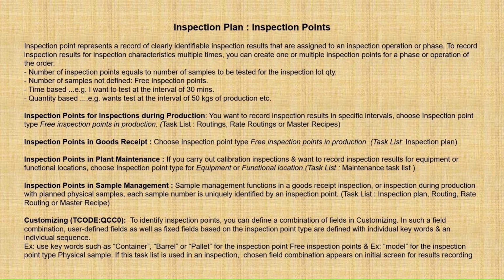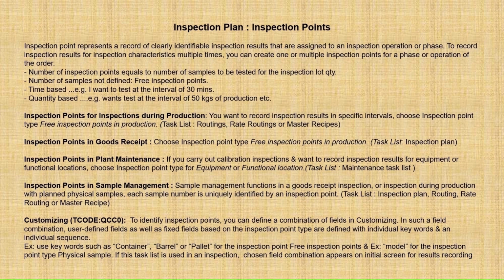Inspection point will decide how many points you want for that particular inspection lot. Inspection points in goods receipt, and in plant maintenance when we are doing the calibration inspection, allow us to do the result recording for the same lot multiple times.